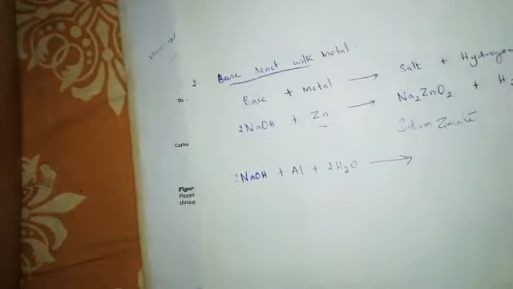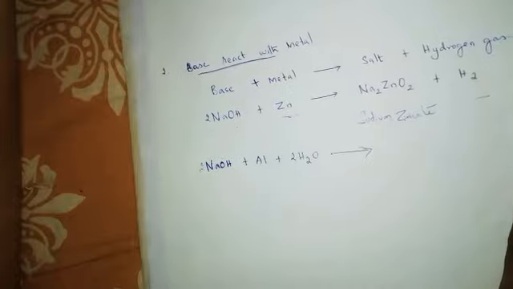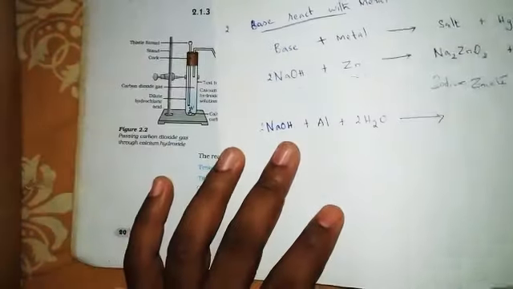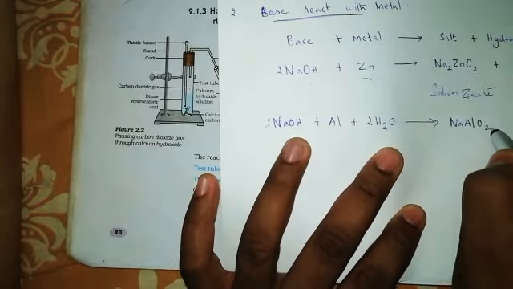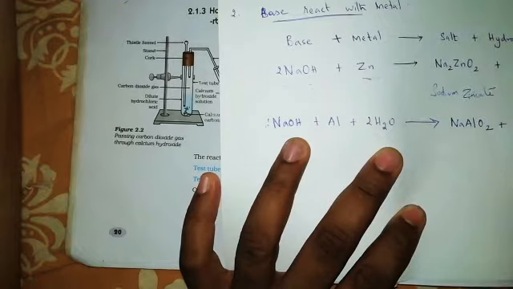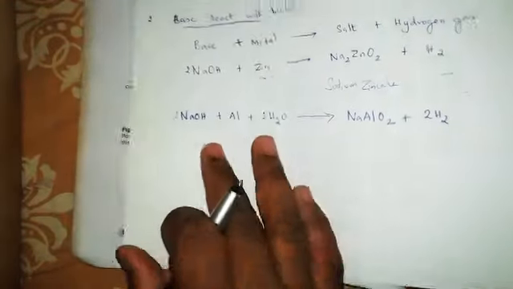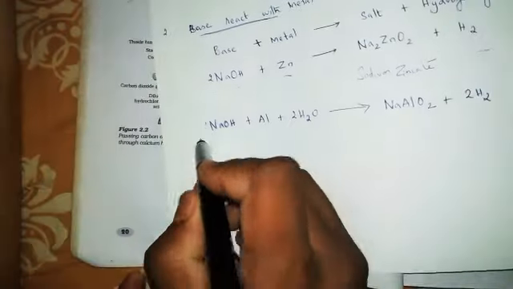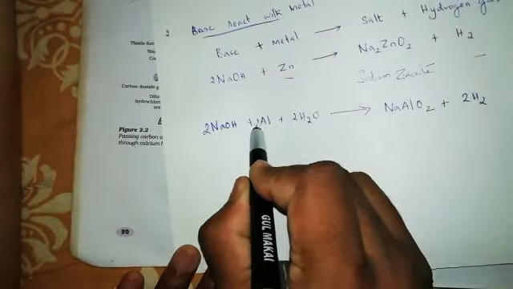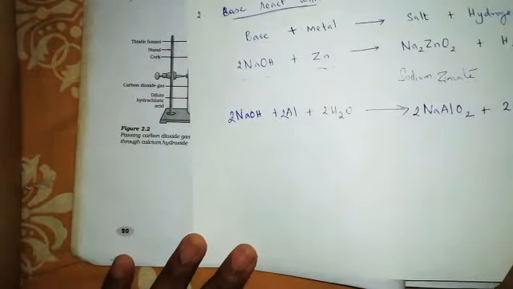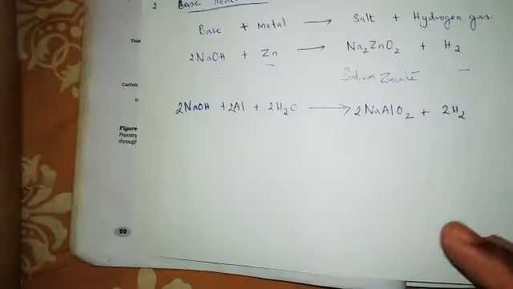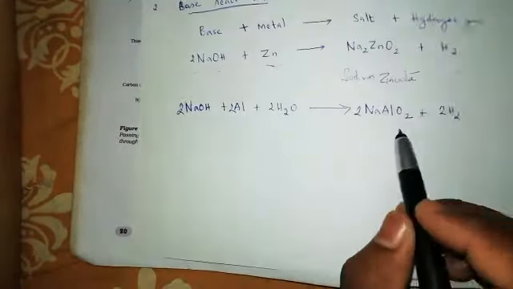We are going to get sodium aluminate plus hydrogen gas. Clear? And you need to balance this. So put 2 here in front, and also 2 for aluminium, and then 2 for sodium.